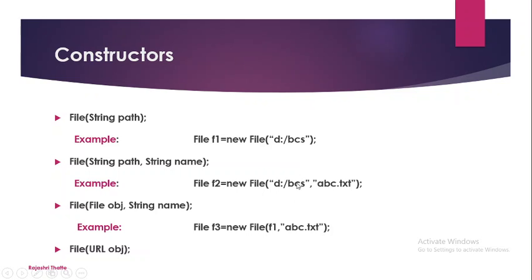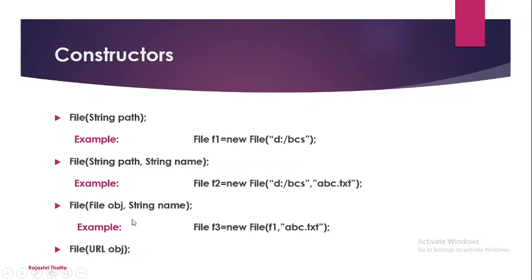In this bcs directory, let us consider I have one file, abc.txt. So this is my file name, and this is my path, or you can say the complete path of the directory where my file is present. So we can use this constructor also. Use whichever constructor is suitable for your program.